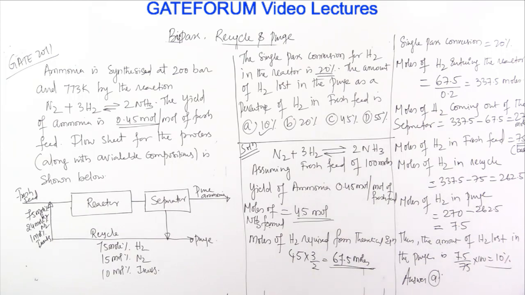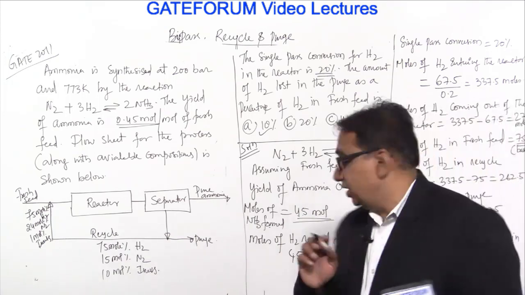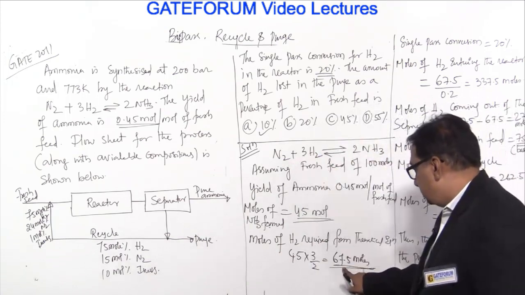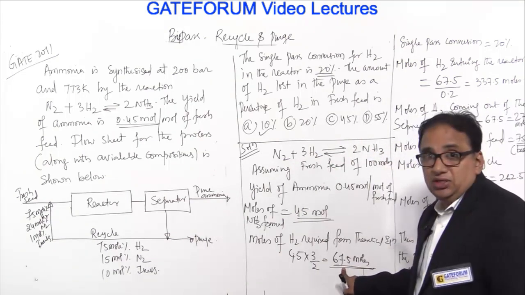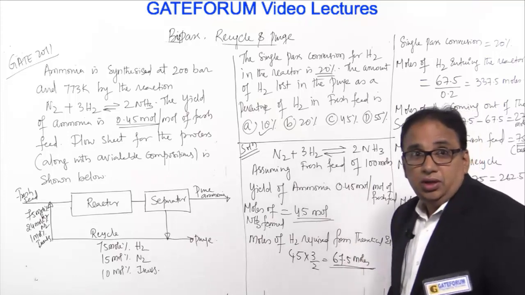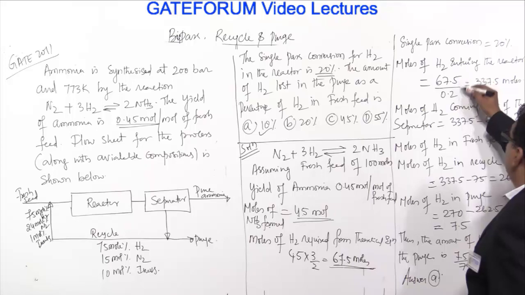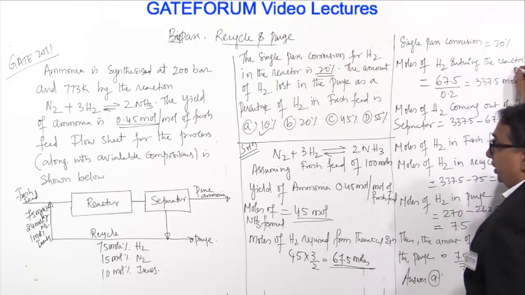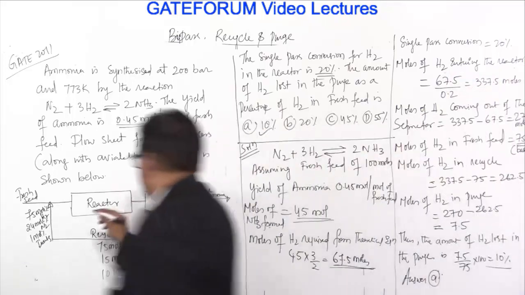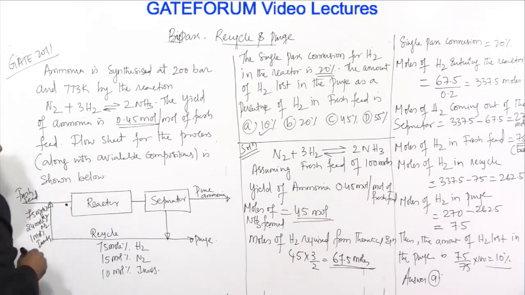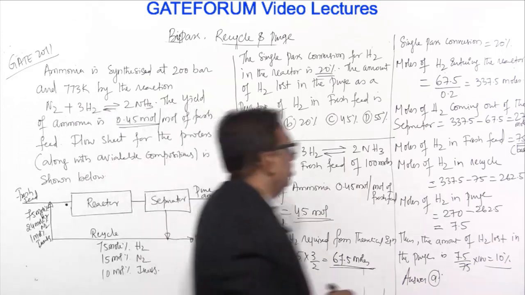But the 67.5 moles has been generated with only 20% conversion, so the actual moles of H2 entering the reactor is 337.5 moles.